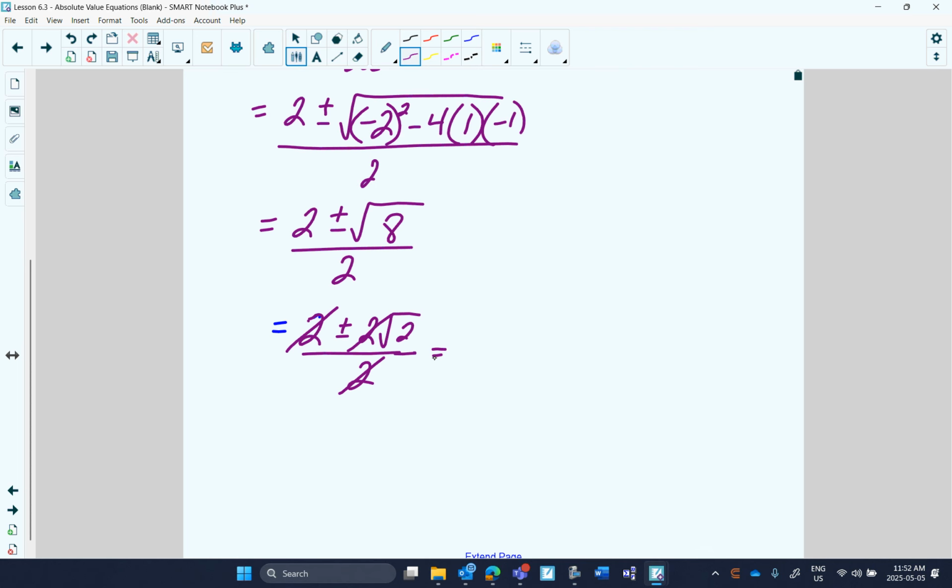Plus minus root 2? You are killing me, slowly. What's this? Divide by 2. This is 1, this is 1. So it's 1 plus or minus root 2.